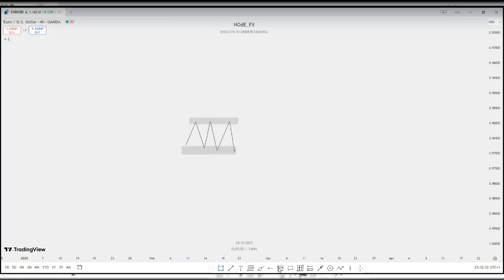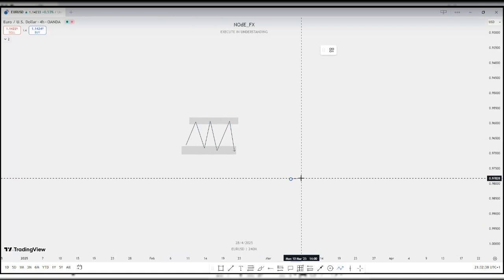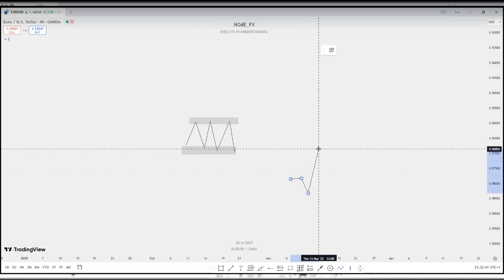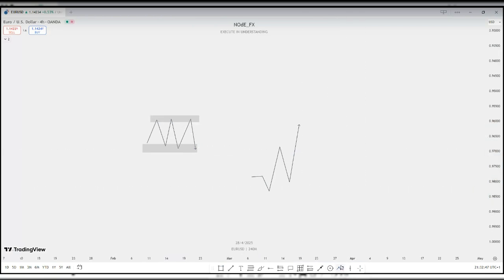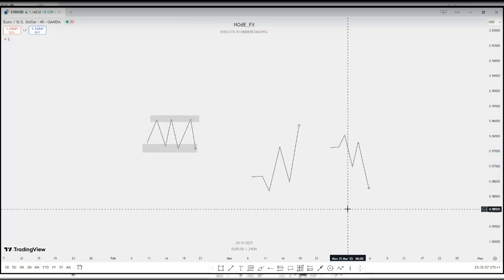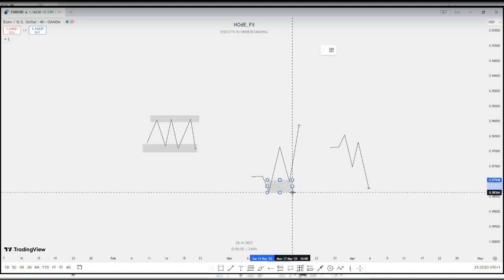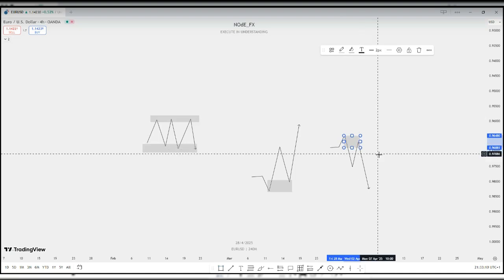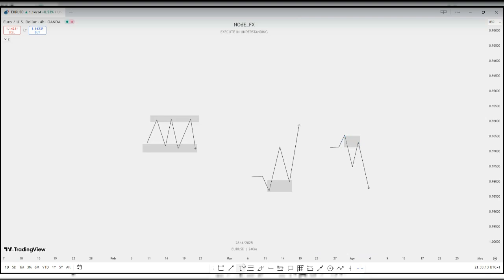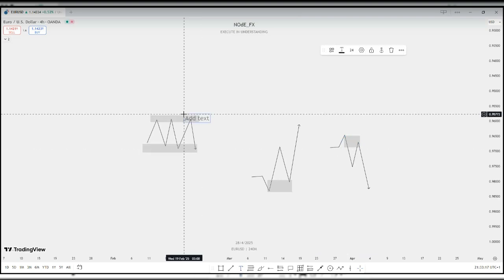Now, what is demand and supply? Now, take very clear note of what is written here, of what I've drawn here. Let me also write them out so you can see. This is what we call the resistance.